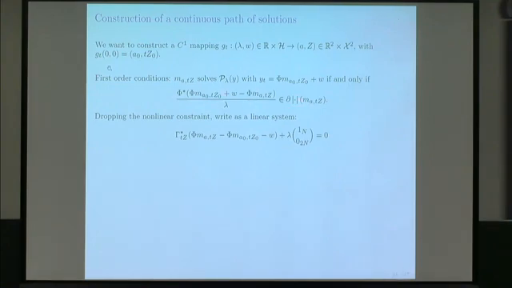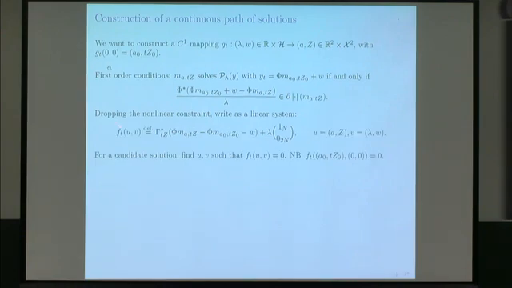So now if I drop the L infinity constraints here, I can simply write this down as a linear system, where this matrix gamma here simply encodes the fact that this guy here evaluated at point z needs to take value 1, and the derivatives of this evaluated at point z should take value 0. Right.